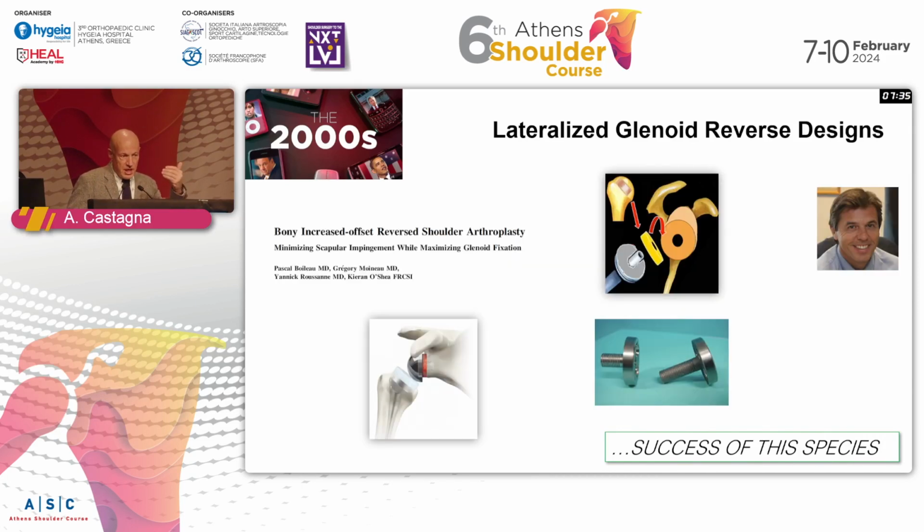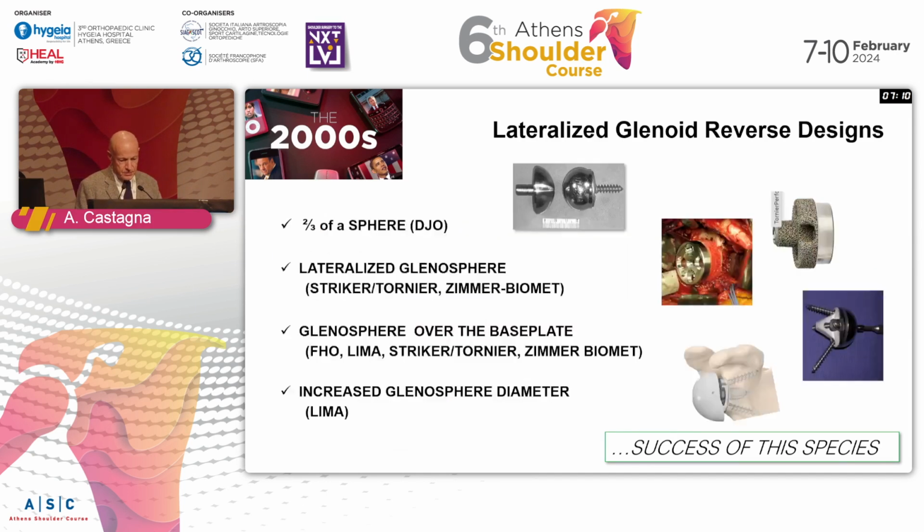And on the same road, Pascal described a similar way to lateralize the center of rotation, keeping this inside the bony aspect, and so he developed what is the bony bio-RSA that many of us have experienced with good results, with minimal changes in the base plate, and it was also a very good success of the species.